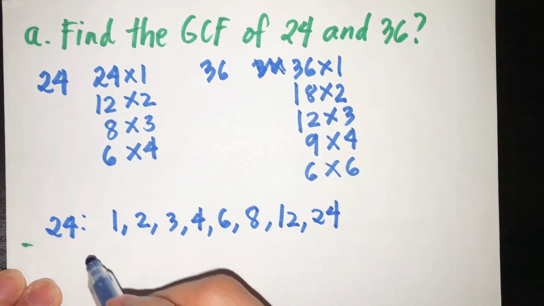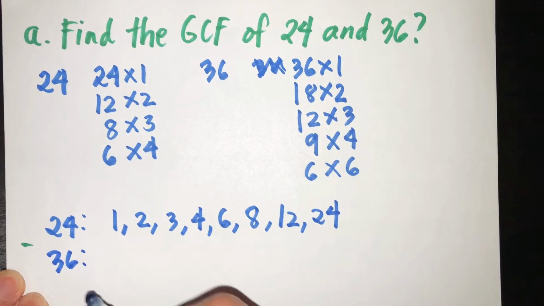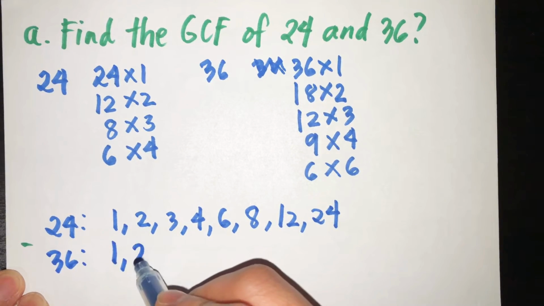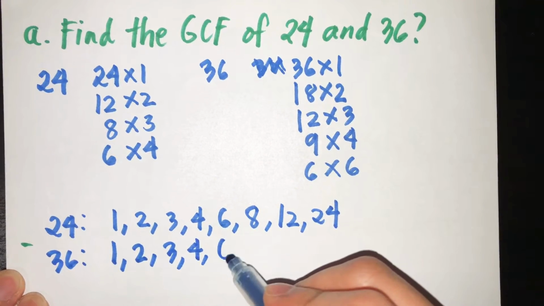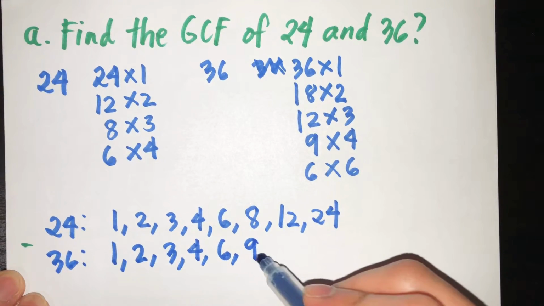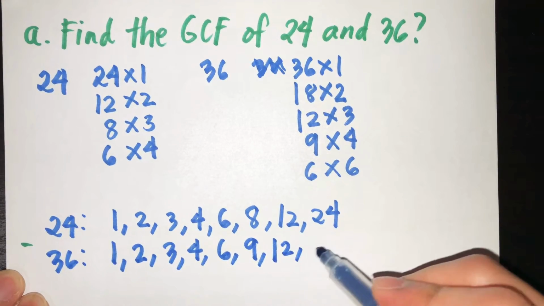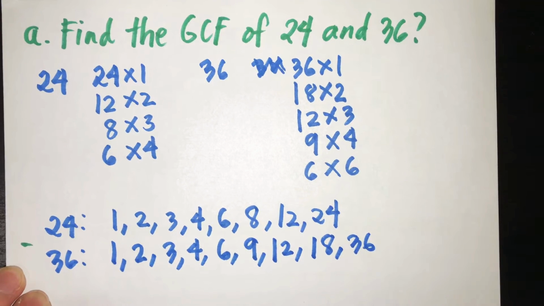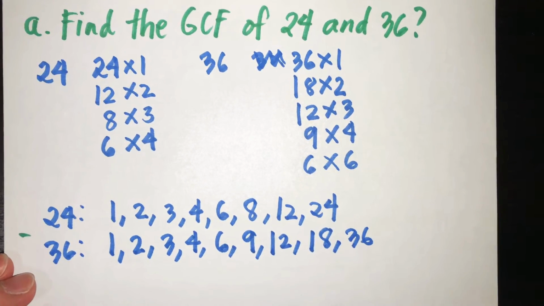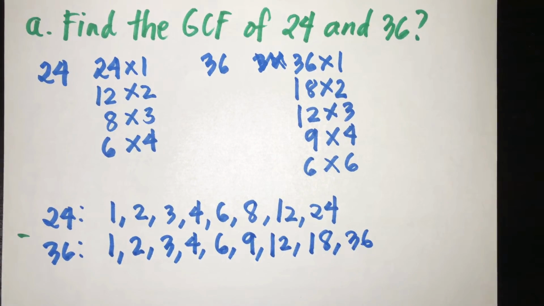Then for 36, we have 1, 2, 3, 4, 6, 9, 12, 18, 36.